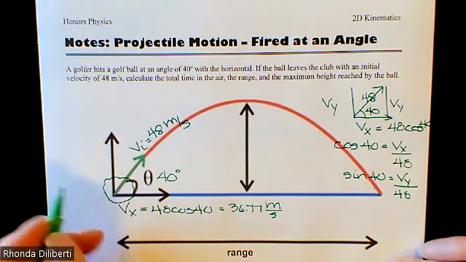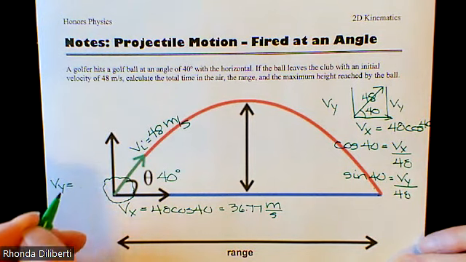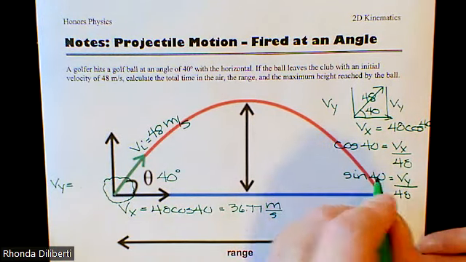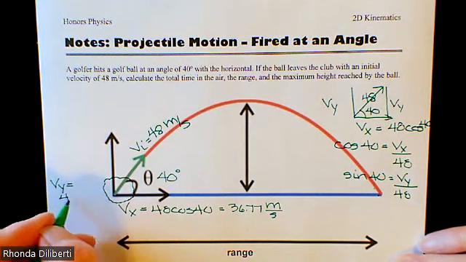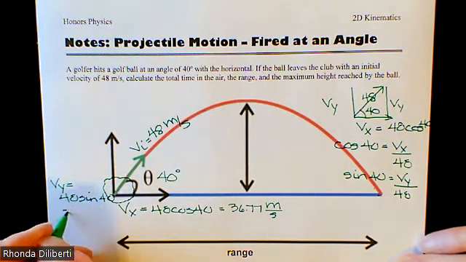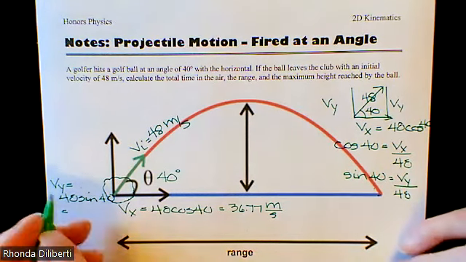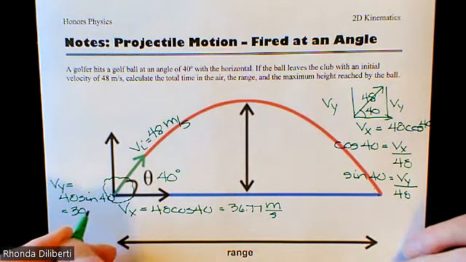So Vy equals 48 times sine of 40. Quickly number crunching that, 48 times sine of 40, and I get 30.85 meters per second.